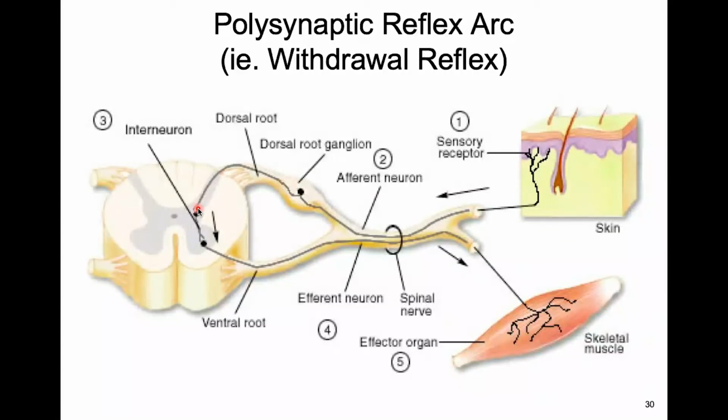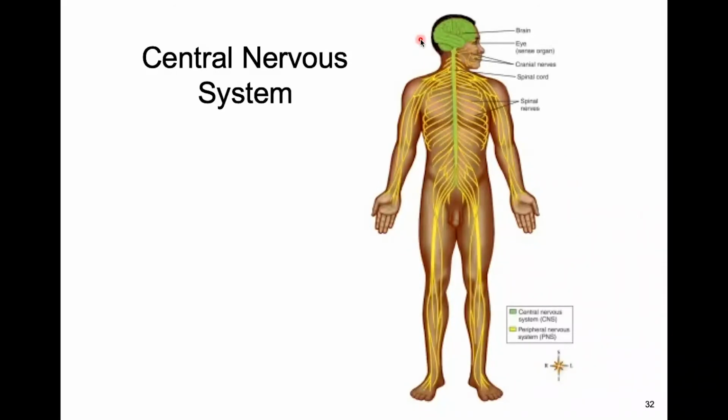Those interneurons then connect that peripheral nervous system information to the central, and then the central nervous system is going to figure out what to do, and will ultimately send out some sort of efferent signal through the efferent neuron. And in most cases, that's going to be some sort of muscular contraction to get the hand off of the stimulus. That takes us to the end of the first part of part one.